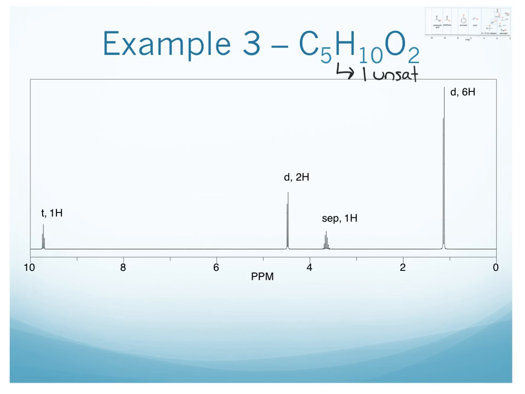So I'm going to do a CH, CH2, CH, and then we can't have CH6. So down here in this region, we probably just have two CH3 groups that are equivalent.